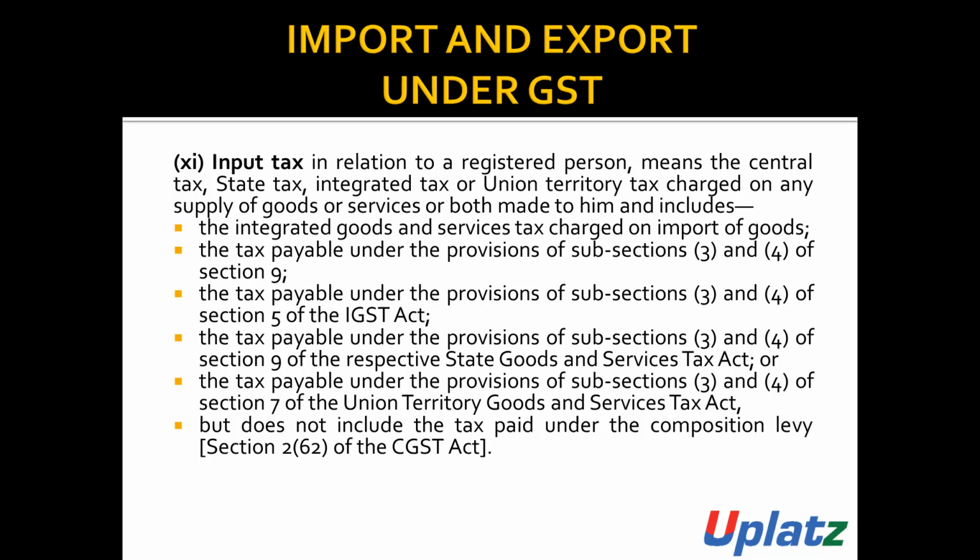The tax which is payable under the provision of subsection 3 and subsection 4 of section 9 of the respective state government, the state goods and service tax, means the CGST Act, or the tax which is payable under the provision of subsection 3 and subsection 4 of section 7 of the UTGST Act, but it does not include the amount of tax which is paid under the composition levy.